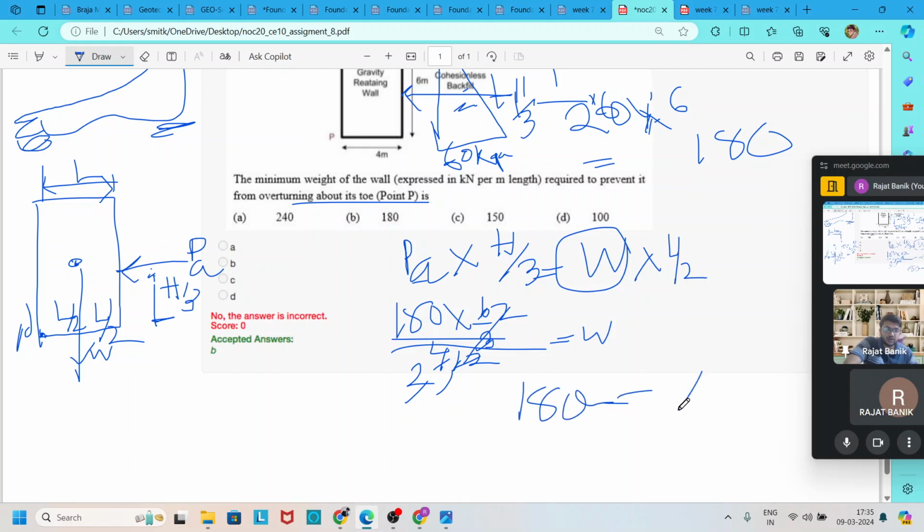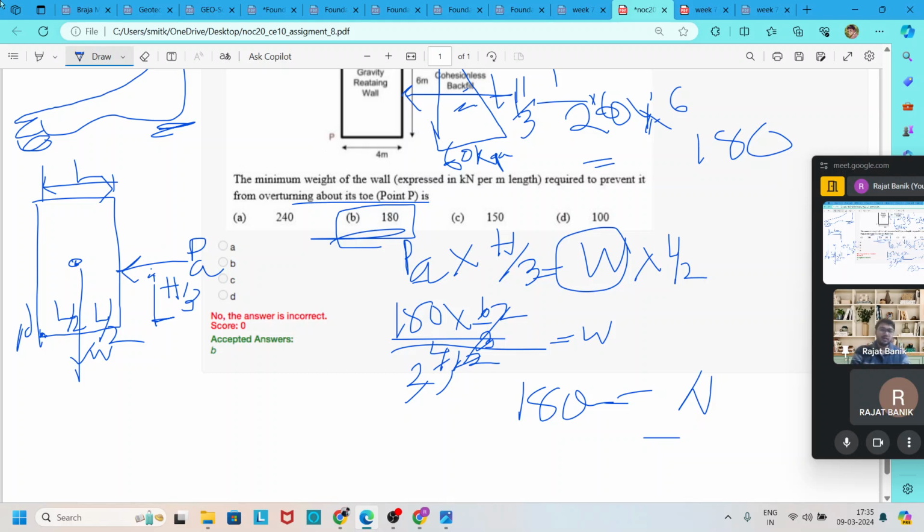W is equal to 180. The correct option is option B. Total weight is also equal to the total active thrust, and the correct option is option B.